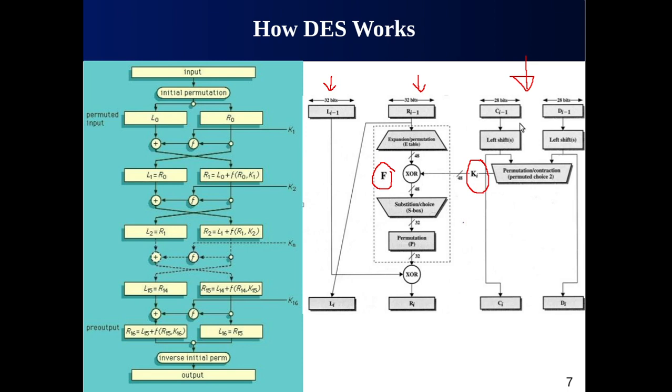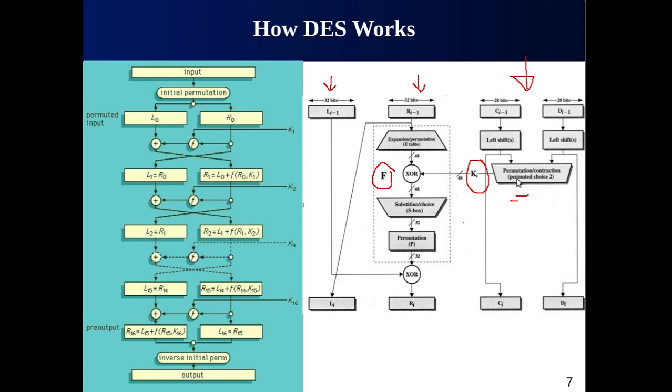Initially the key will be passed through a permutation function, as you can see here, and then for each of the 16 rounds a subkey Ki is produced by the combination of a left circular shift and a permutation.